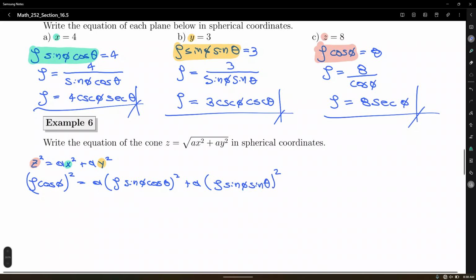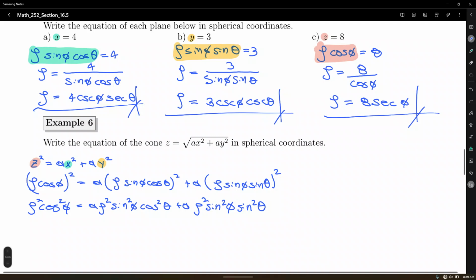So let's do a lot of squaring here. So rho squared cosine squared phi equals a rho squared sine squared phi cosine squared theta plus a rho squared sine squared phi sine squared theta. Yes, it looks big, but there's going to be a lot of simplification. It's going to simplify to something really nice.